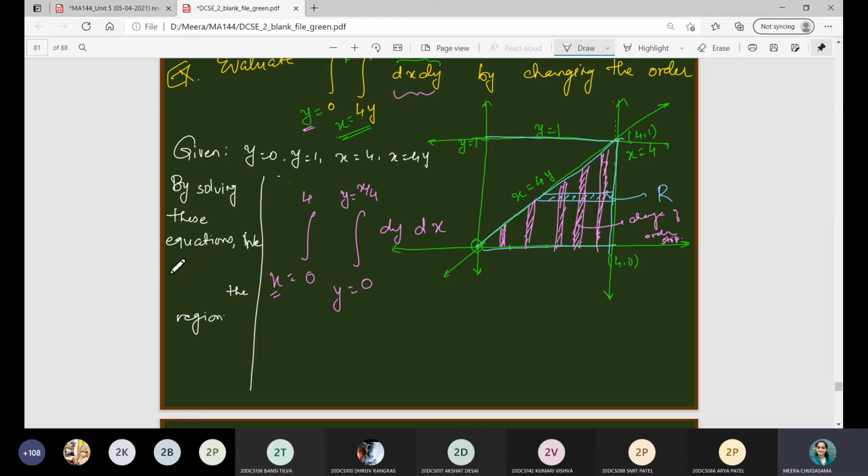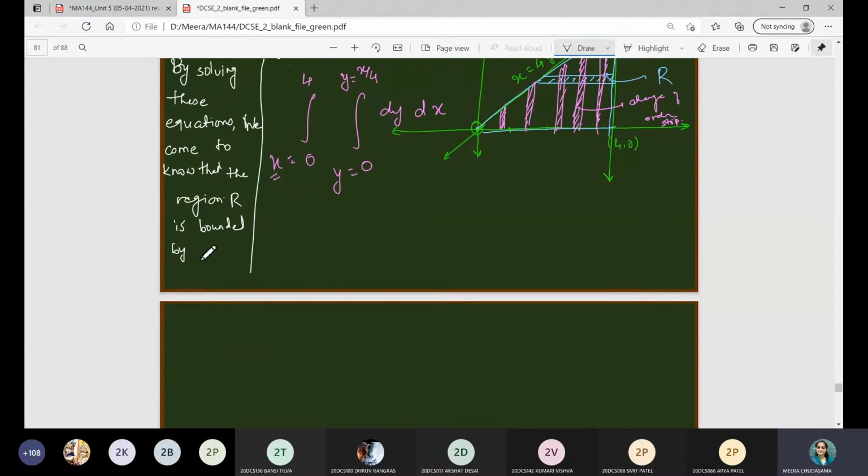We come to know that the region R is bounded by which lines? So first x is equal to 0, x is equal to 4, then x is equal to 4y, right?